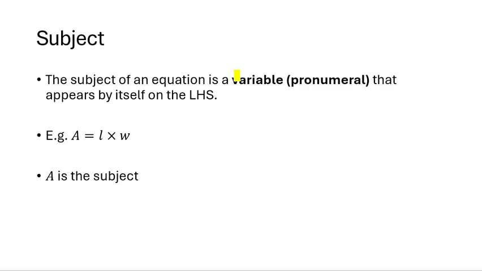The subject of an equation is a variable or polynomial that appears by itself on the left hand side. So for example, you've got your area formula. This is the area of a rectangle, okay? So just remember that. A is the subject, and then the L and W are just values that you use to find what it is, okay?